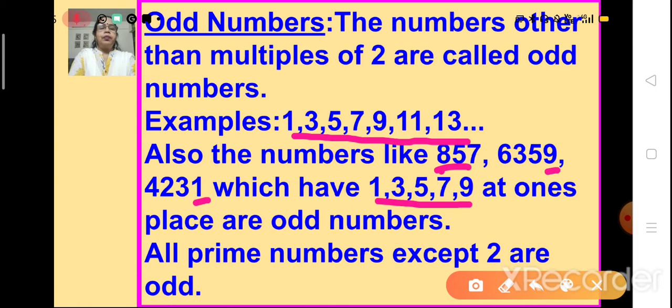So all these numbers which have 1, 3, 5, 7, 9 in their ones place are also called odd numbers. Alright, all the prime numbers are odd except 2.